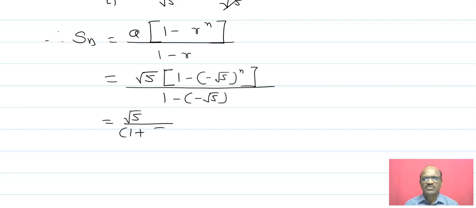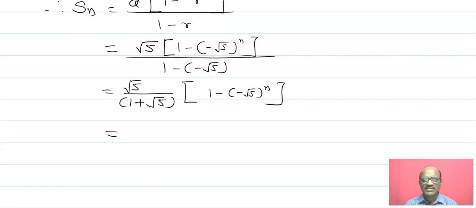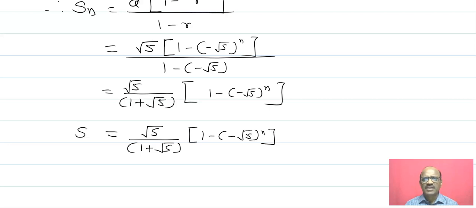Now this is root 5 upon 1 plus root 5 into square bracket 1 minus in bracket minus root 5 bracket raised to n. This is the Sn for the given sequence. Therefore root 5 upon 1 plus root 5 into square bracket 1 minus in bracket minus root 5 bracket raised to n.